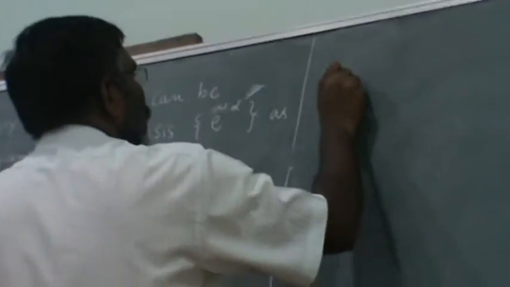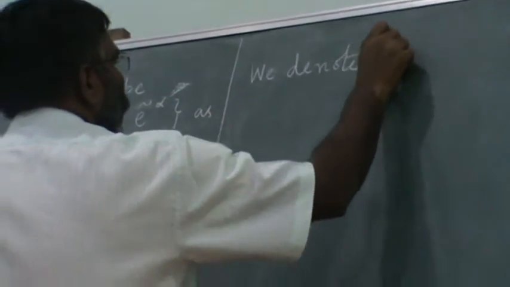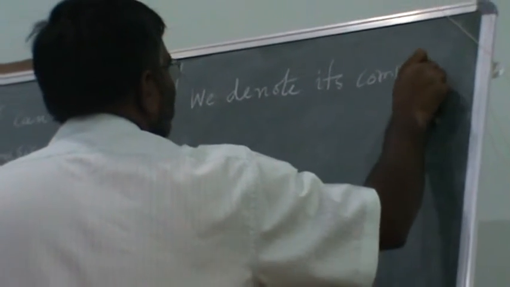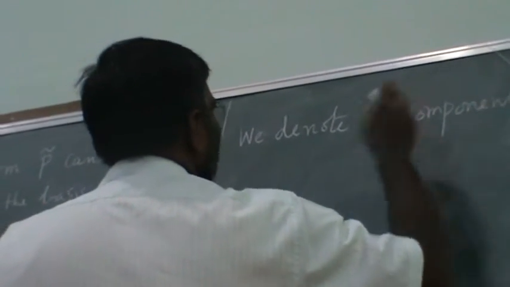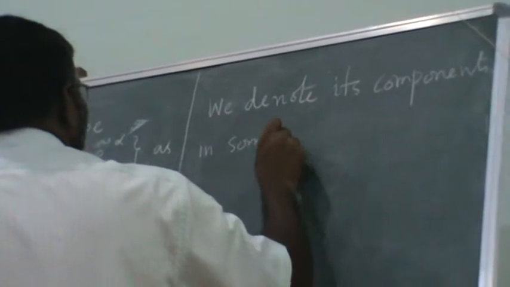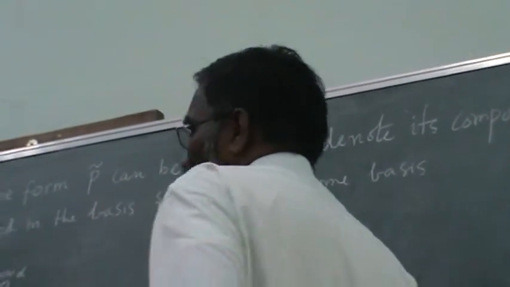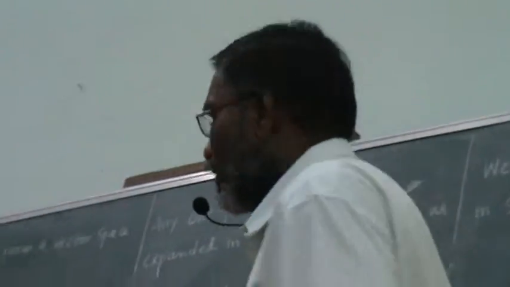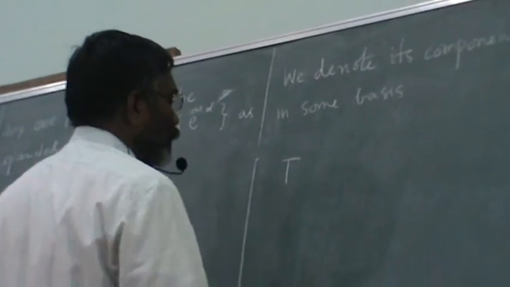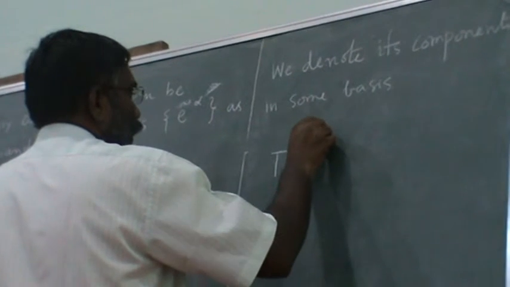We denote its components in some basis. You can write components only if you choose the basis. We denote its components in some basis as T with indices I1, I2, and so on.